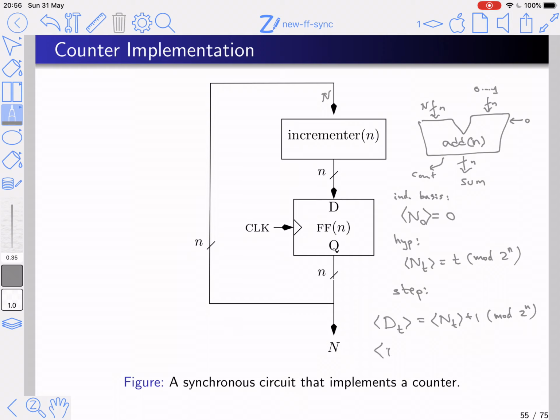And we know that n at time t plus 1 equals d at time t. And this, by the induction hypothesis, equals t plus 1 mod 2 to the n. Right? Very good.